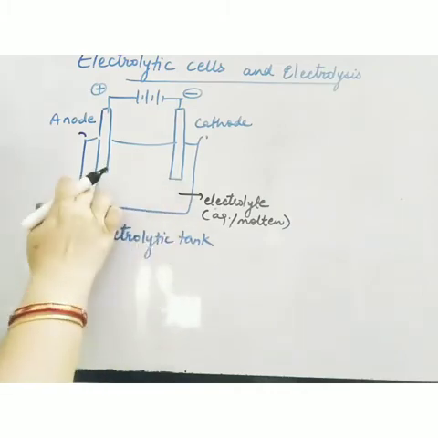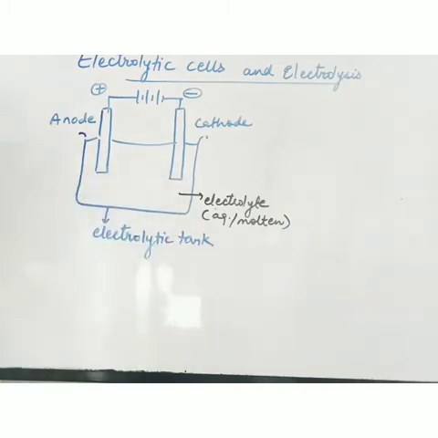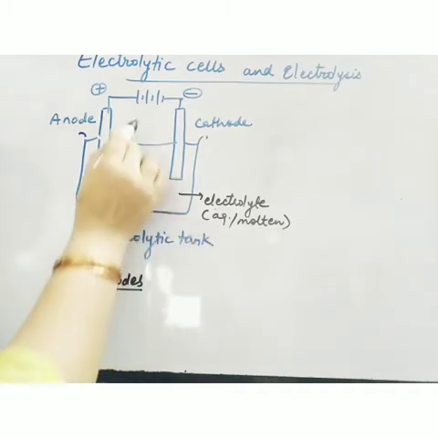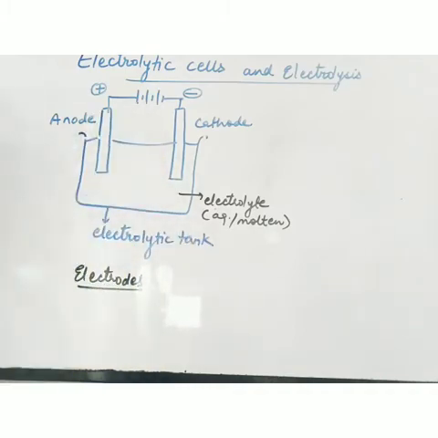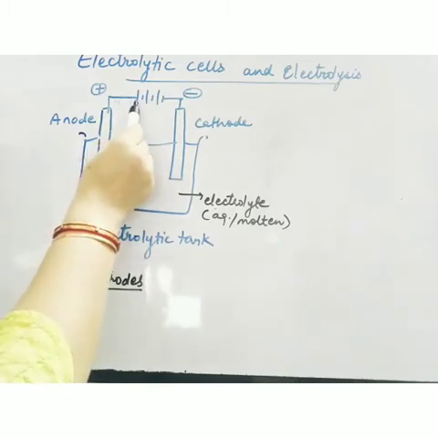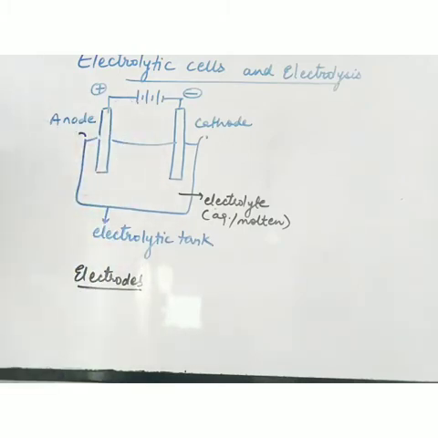Now there are two metallic rods which are kept in the electrolyte, and these metallic rods are known as electrodes. These two rods are connected to a battery. The rod which is connected to the positive terminal of the battery is known as anode, and the rod which is connected to the negative terminal of the battery is known as cathode.